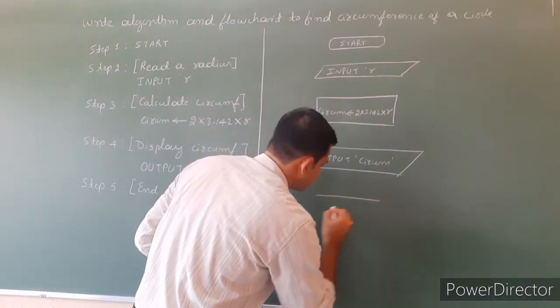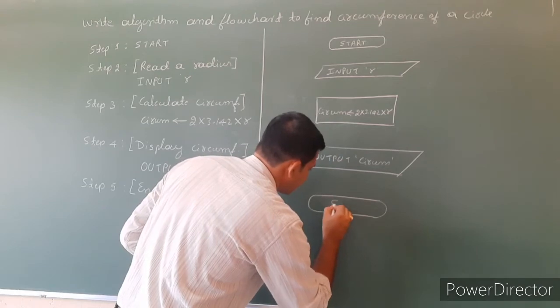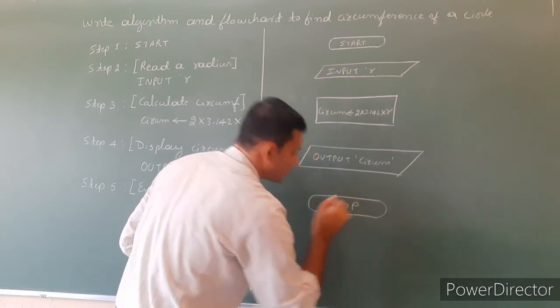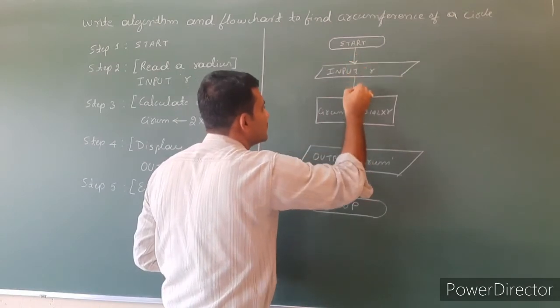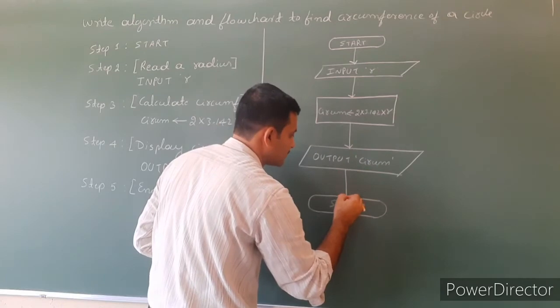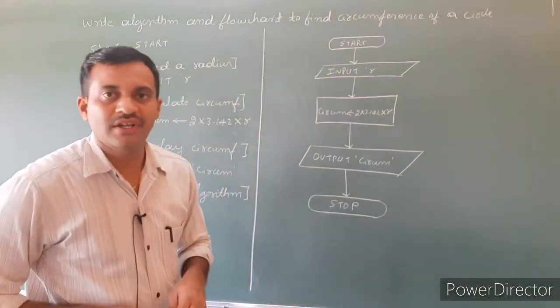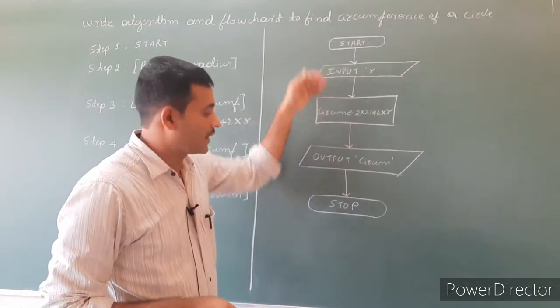Again, stop is represented with an oval. Write the oval, stop. Then using arrows show the flow direction. Here we begin with a start, then end with a stop.